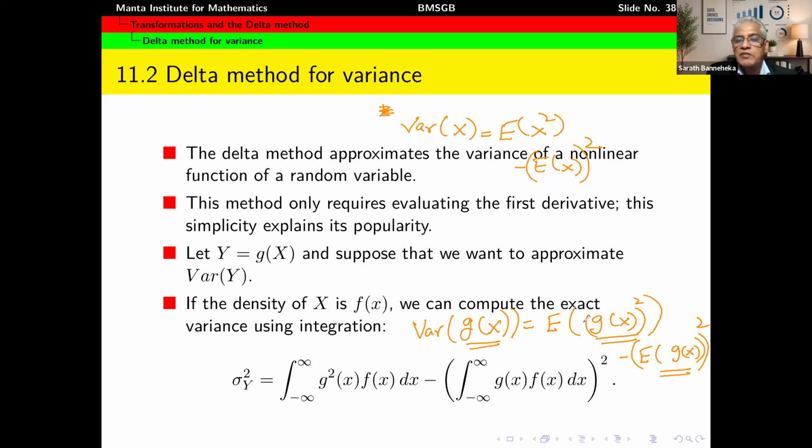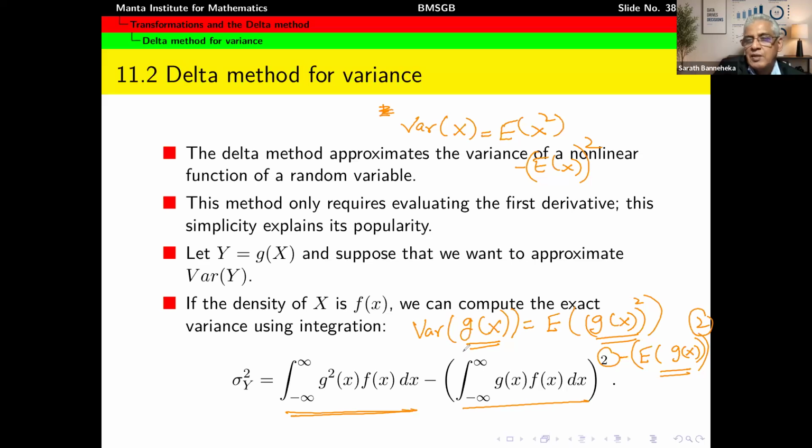Therefore, the expected value of g(X) squared can be obtained from this expression: g squared of x is the same as g(x) whole thing squared, times the density function of X. That will give you this part. And this part is, of course, given by g(x) times f(x) dx, and then we need the square term here. So this is the expression that we'll have to simplify if we want the exact variance of g(X).